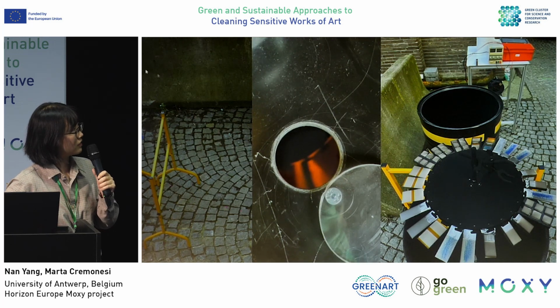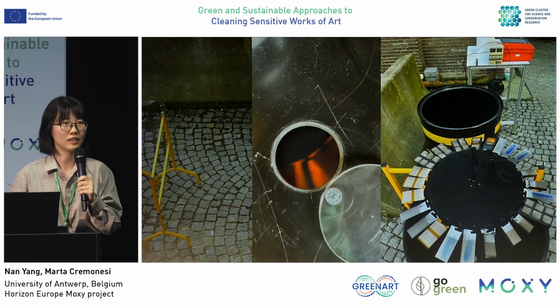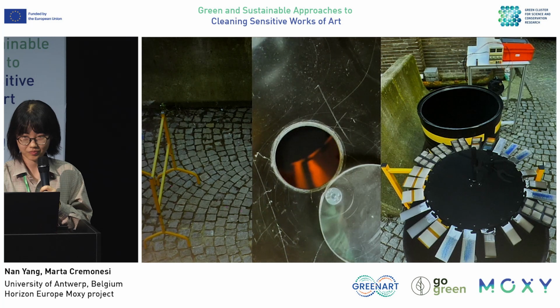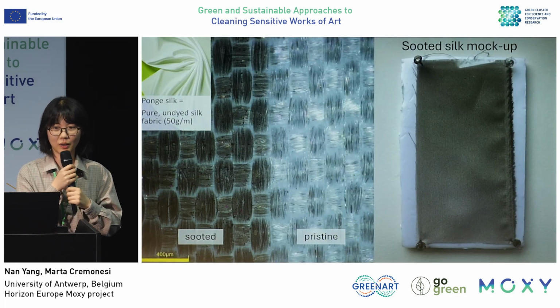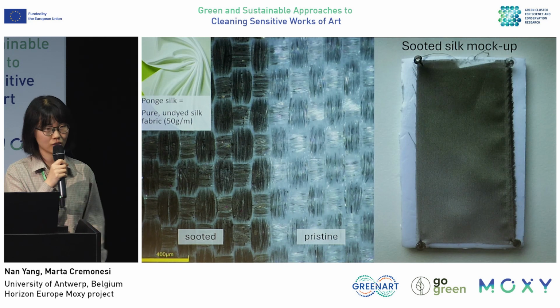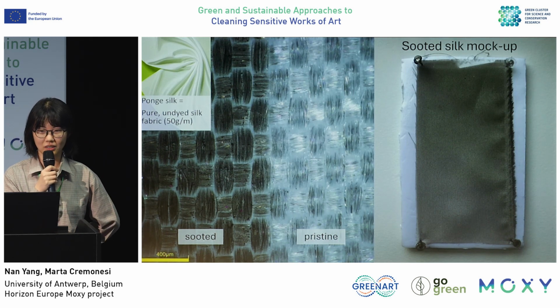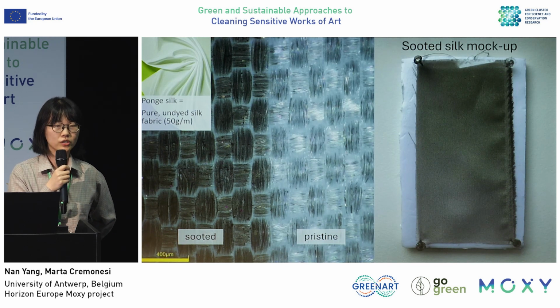So here are all the samples that we sooted. They include all different types of materials provided by all of our partners. About the silk mock-ups, it looks nice. In the end, we are satisfied with the sooting process. Here we use a pongee silk.